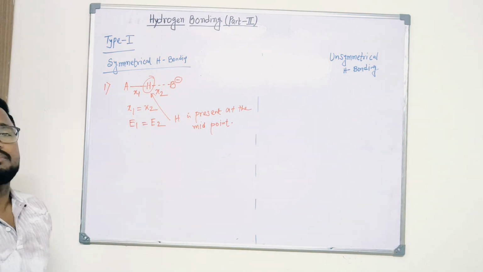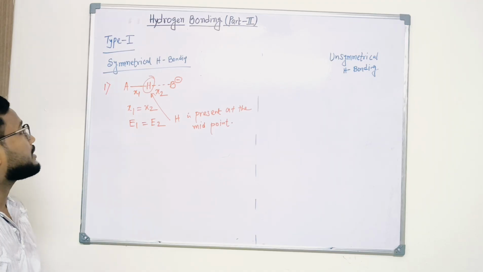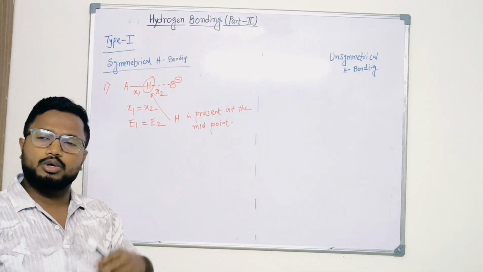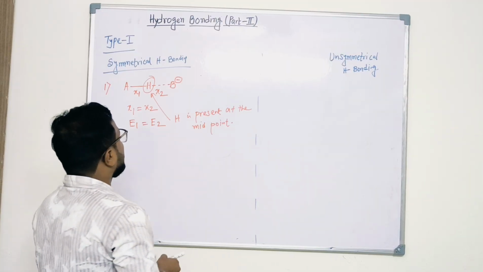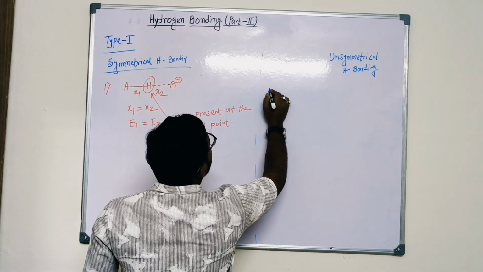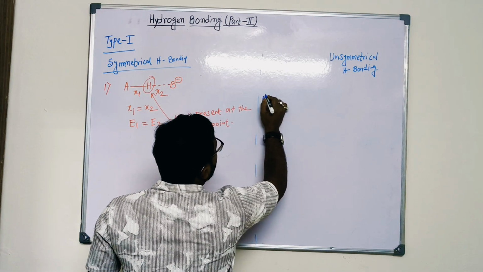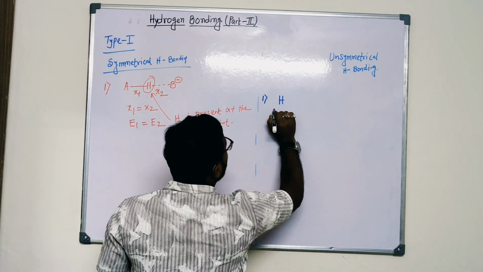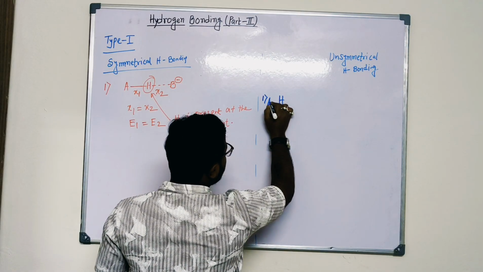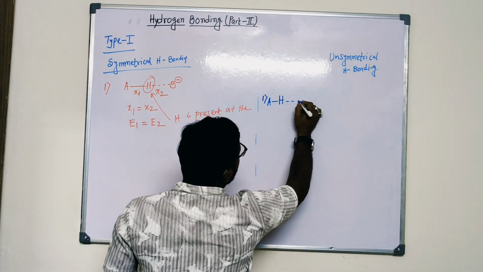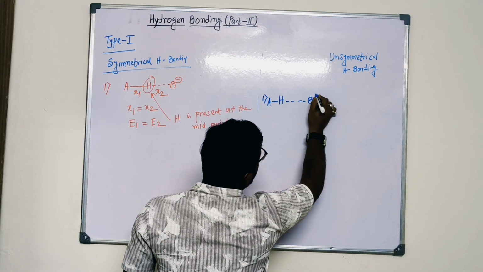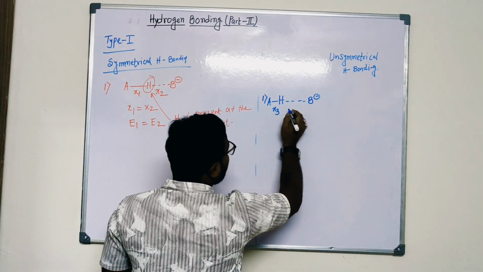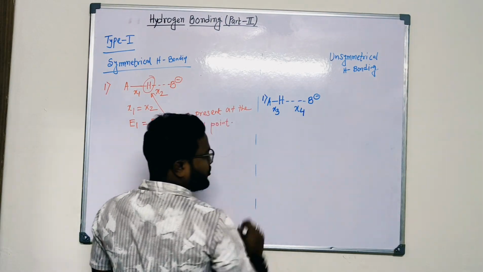Now what is unsymmetrical hydrogen bonding? What do you mean by that? Unsymmetry simply signifies that their bond length is not going to be equal. So in this first case, hydrogen is connected with A and is also connected with another element B. Let us consider this length is x3 and this length is x4.